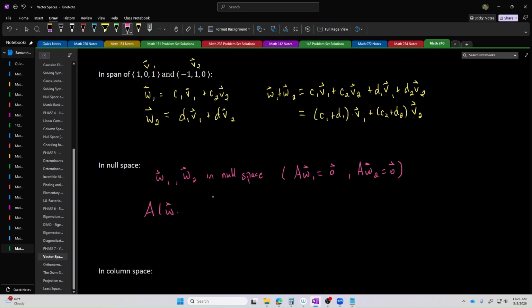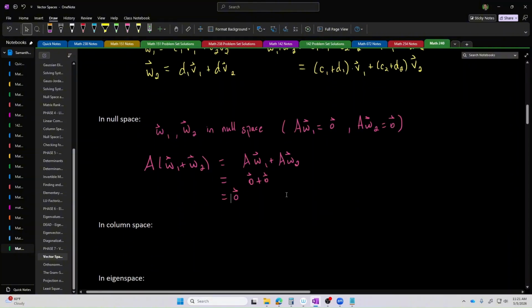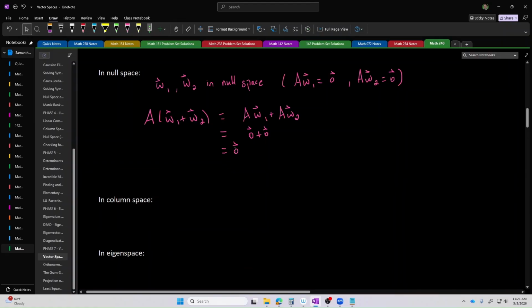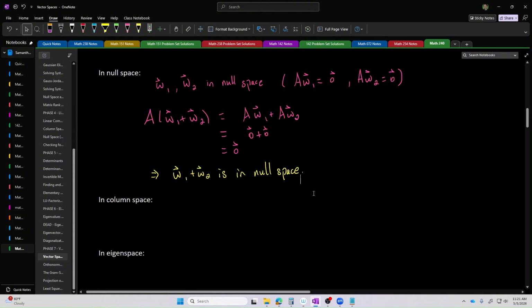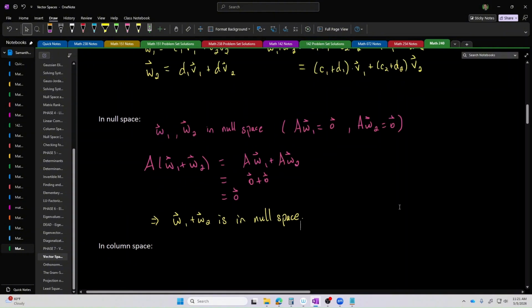Well, when I apply the matrix A to w1 plus w2, and I distribute the matrix A to each piece, then the first quantity becomes 0, the second quantity becomes 0, and the result of adding those two zeros together is also 0. And so that means that the sum of these two elements is also in the null space. So starting with two elements in the null space, adding them together, I just got another element that is still in the null space.